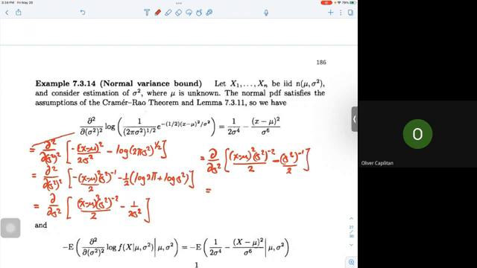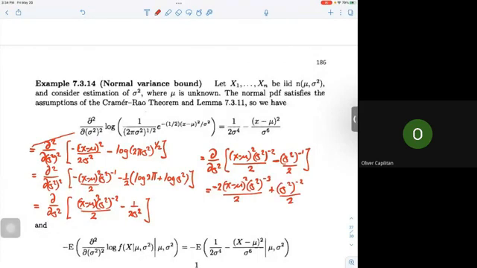So if we're going to take the derivative of that, we have (x minus mu) squared, the derivative, so we have here negative 2 sigma squared raised to negative 3, and then divided by 2. Positive sigma squared raised to the negative 2 over 2.